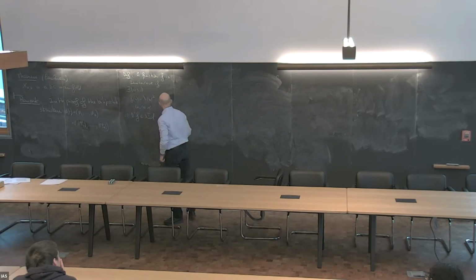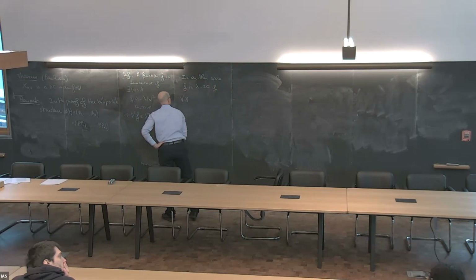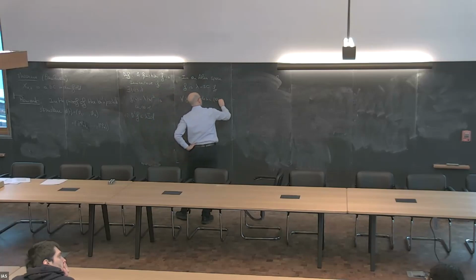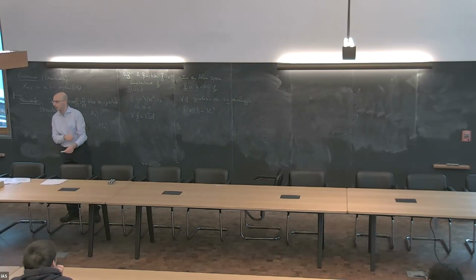Okay, so now you're just going to say, in an Alexandrov space, f is lambda semi-concave if, for every gamma geodesic parameterized by arc length, when I look at f of gamma of t and I subtract lambda t squared, this guy is a concave function of t.